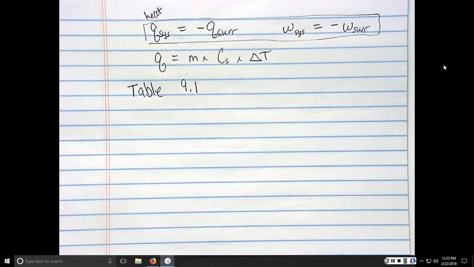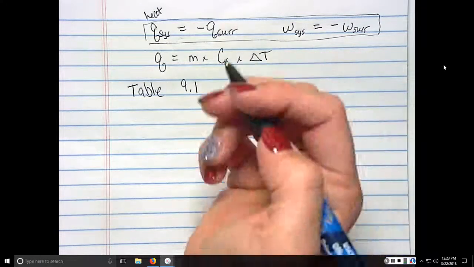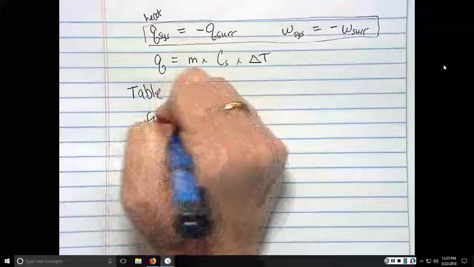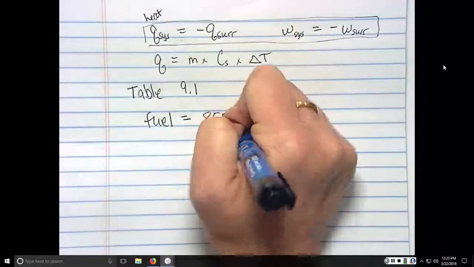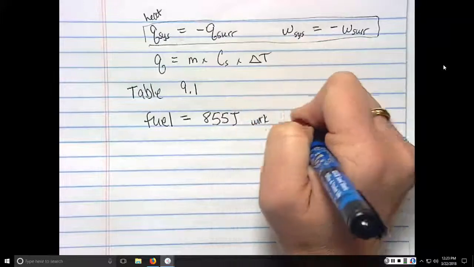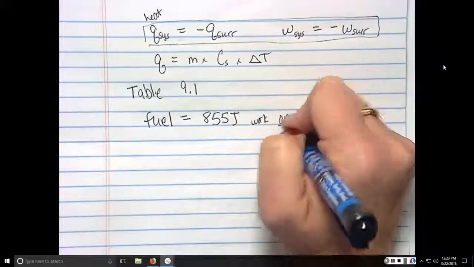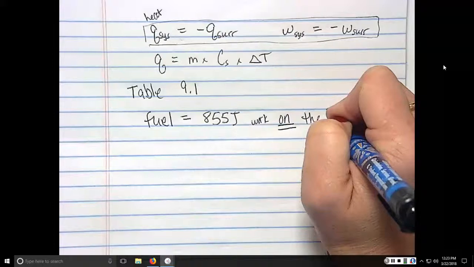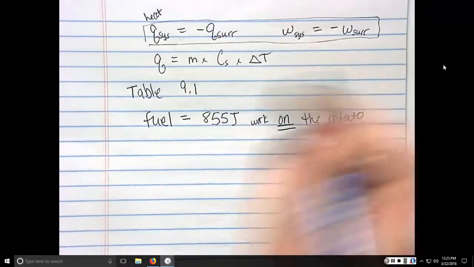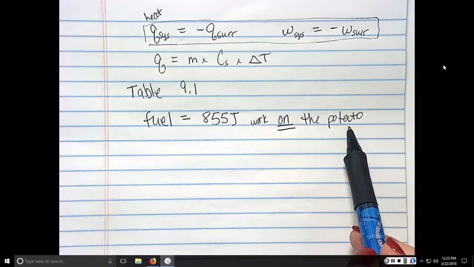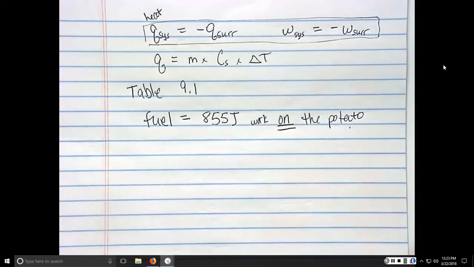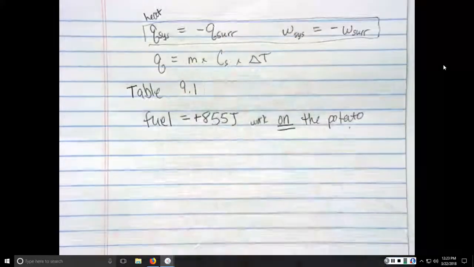So this particular example said the burning of the fuel produced 855 joules of work onto the potato. If you look at table 9.1 where it talks about work done onto the system, the potato is the system, and we'll talk about that in just one second, it's going to be positive W.